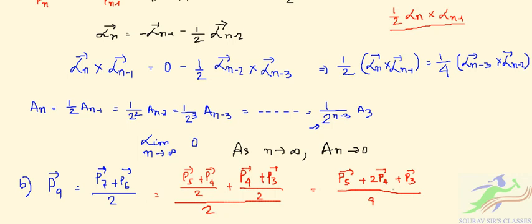So we can write P4 as the midpoint of P2 and P1. So P5 plus P3 plus P2 plus P1 divided by 4.